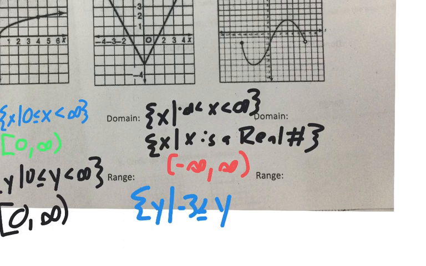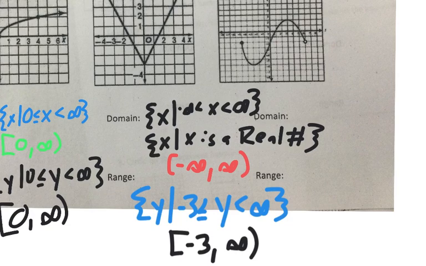Now what's the highest Y value the graph takes on? Infinity. It goes up forever, never stopping. So it must be less than infinity. In interval notation, I could write this as -3 to infinity. -3 has a bracket, infinity a parenthesis.